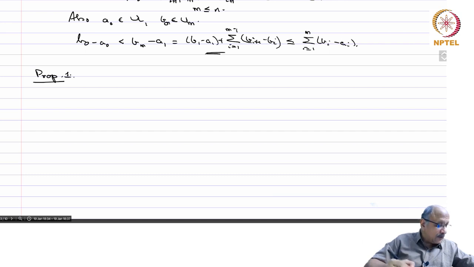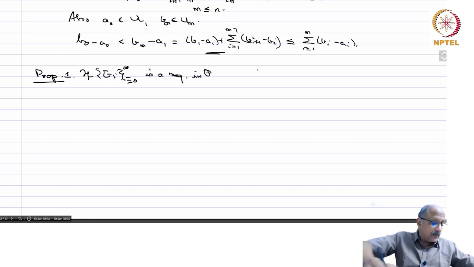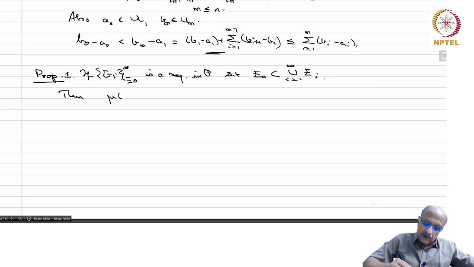Okay, so now proposition, let me call it 1. If E_i, i equal to 0 to infinity, is a sequence in P such that E_0 is contained in the union of E_i, i equals 1 to infinity, then mu of E_0 is less than or equal to the sum over i equals 1 to infinity of mu of E_i.